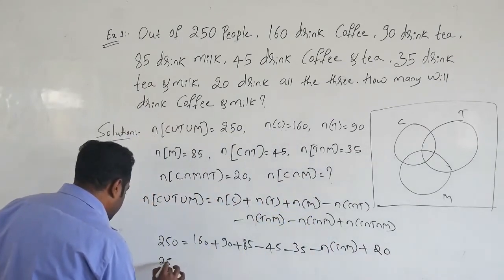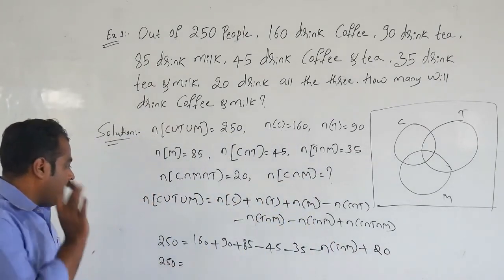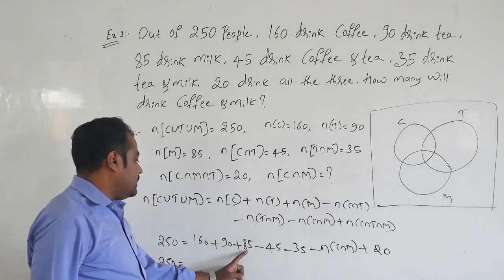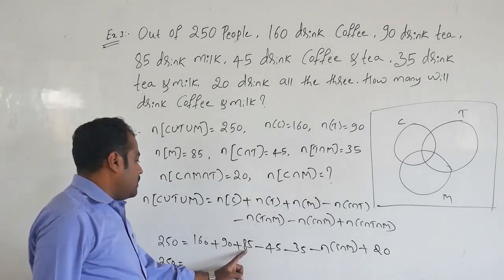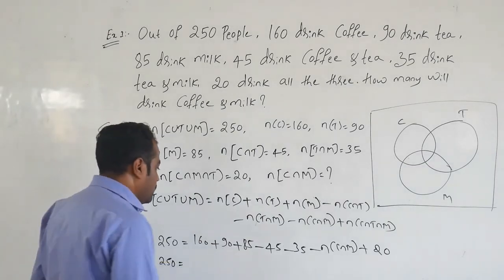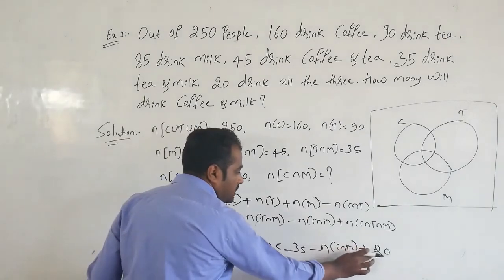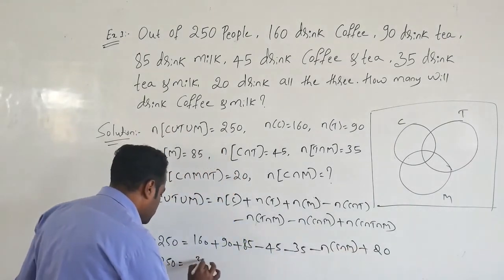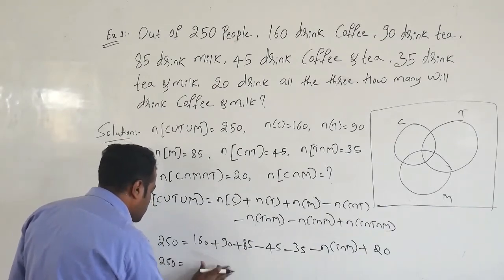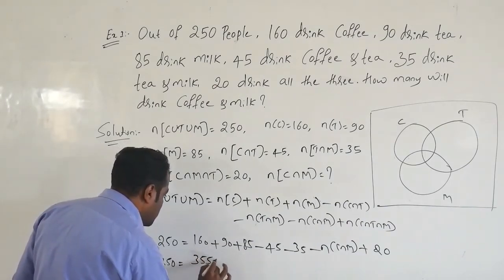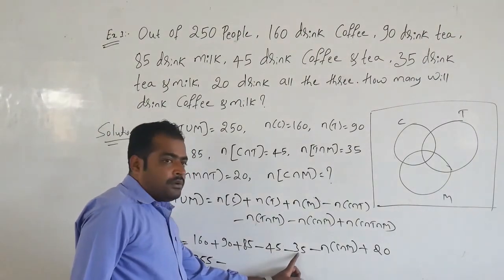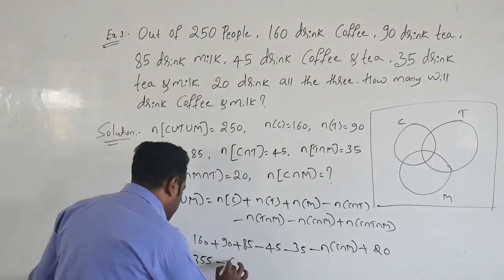So 250 as it is. This is equal to 160 plus 90, nothing but 250. 250 plus 85, 335. 335 plus 20, 355. Minus here 45 and 35, nothing but 80, minus 80.